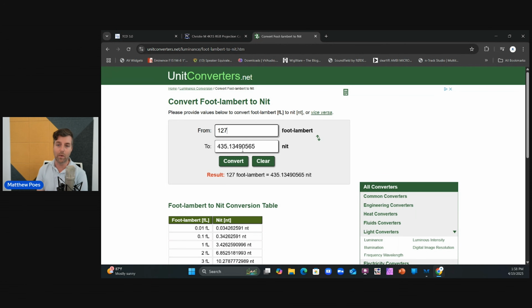There is nothing like it on the market. And I think he said it's 24 million to 1 contrast. It does true black. Because of that, I don't think he can get to 435 nits, but he can get over 300 nits when that thing is running at full brightness, I believe, and may be able to get up to 400. And with true black, it'll be really interesting to see what that looks like.